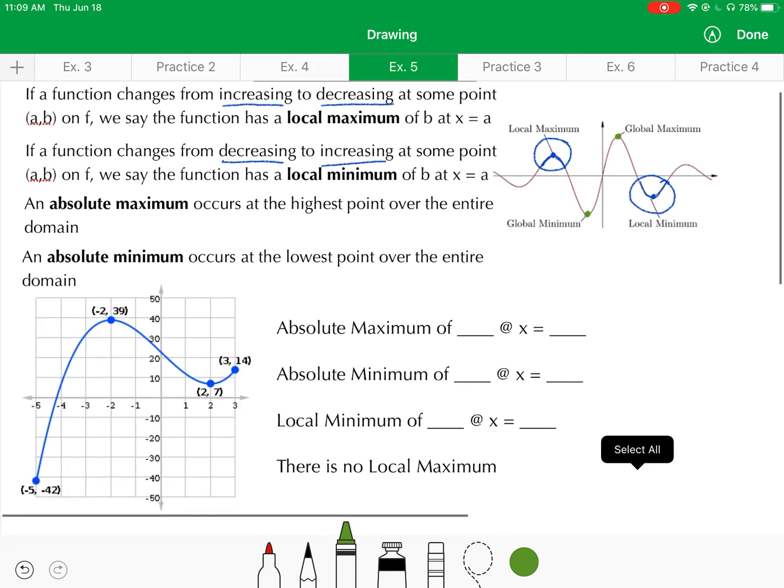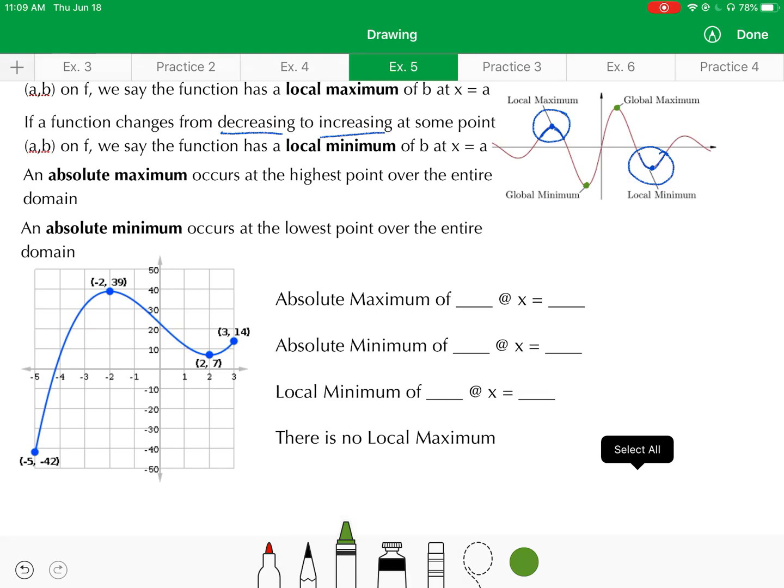All right, now let's look at our example down below. Here, more than anything, I want you to focus on the notation that I use, okay? So absolute maximum is, again, occurring at the highest point of the entire curve. That would be right here. So how are we going to write that? We're going to say that this is an absolute maximum of 39 at x equals -2.